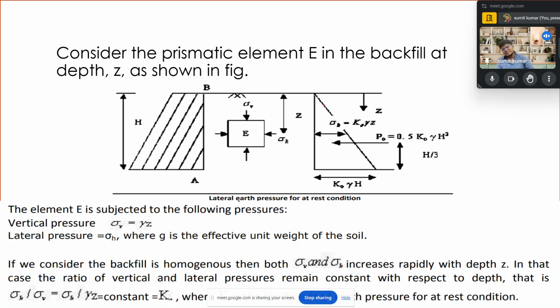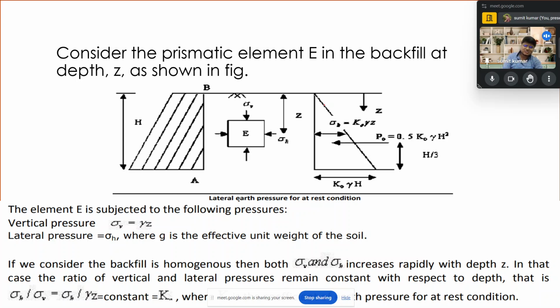In the figure you can see the stress in the horizontal and vertical directions, and the value of sigma h is k gamma z, and Pa is 1 by 2 k gamma h square, located at h by 3 from the base.